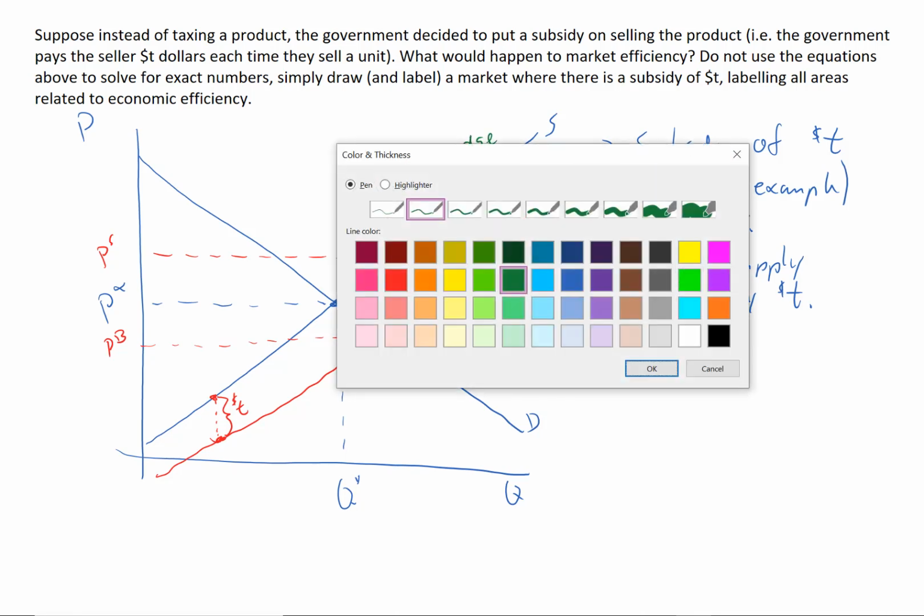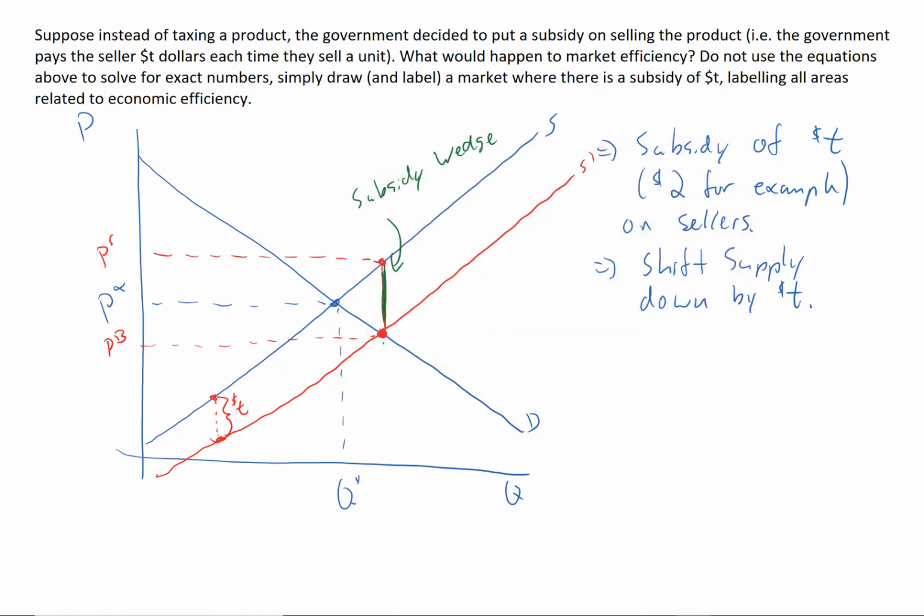So let's go back to red to talk about the quantity. This is the quantity with subsidy, Q sub, or whatever you want to call it. Q sub is the new equilibrium quantity with this subsidy. Right away, what we should see is that Q sub is above the competitive market equilibrium.